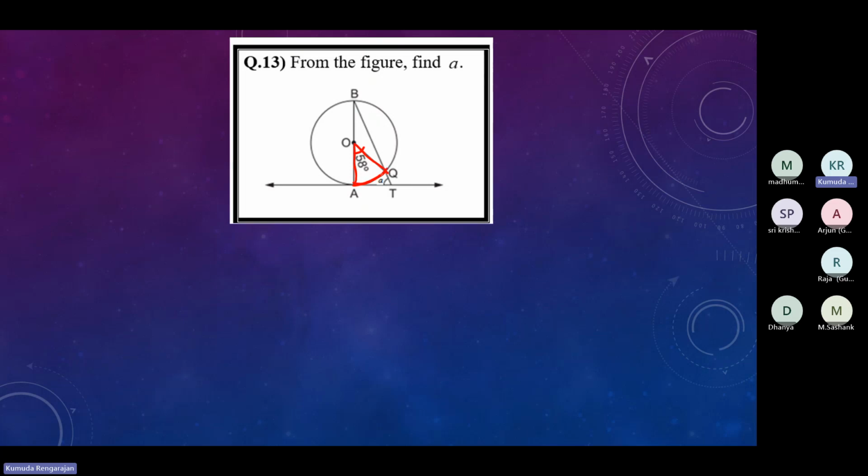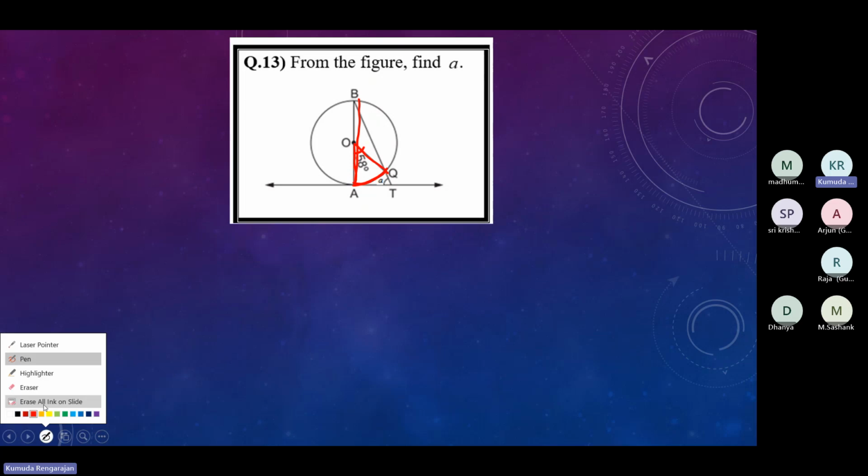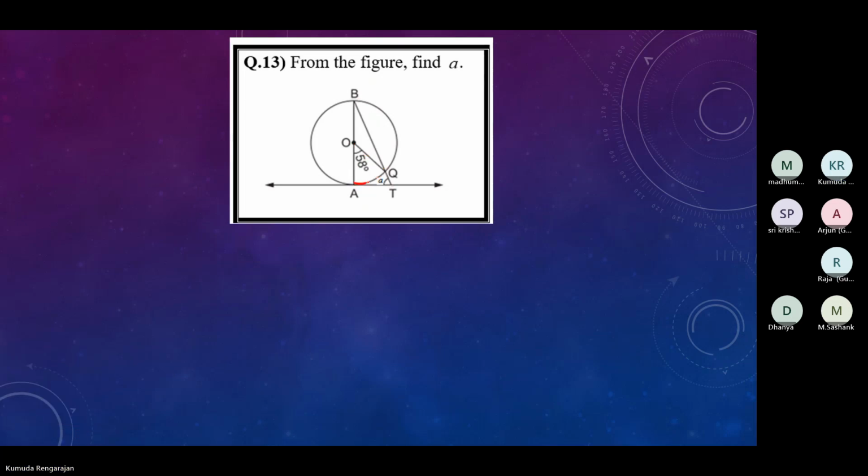The same arc AQ makes angle ABQ on the circumference. From the name you can make out AOQ, ABQ. Angle AOQ, angle ABQ.